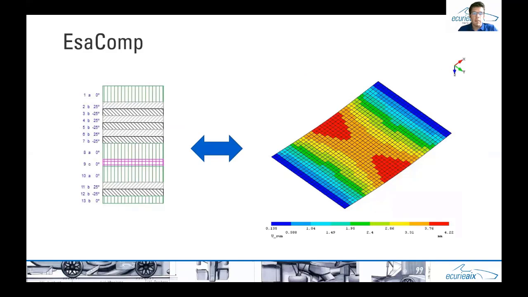Let's start with ESAComp. When we start to design a monocoque, we do the pre-laminate design with ESAComp. We simulate there a 3-point bending test because it's prescribed by the regulations we got from the FSG.